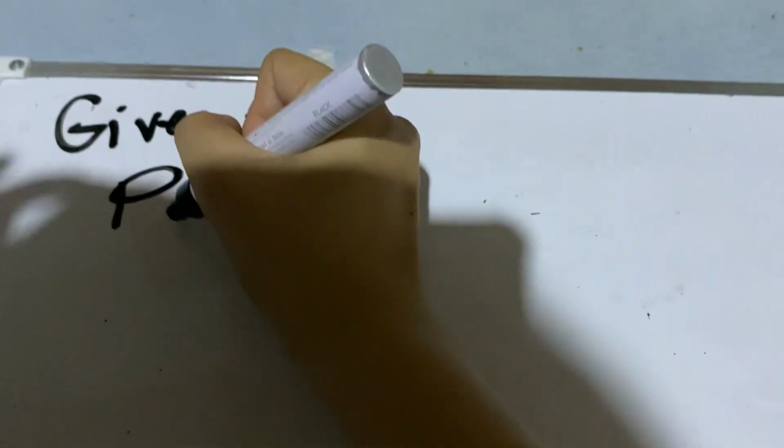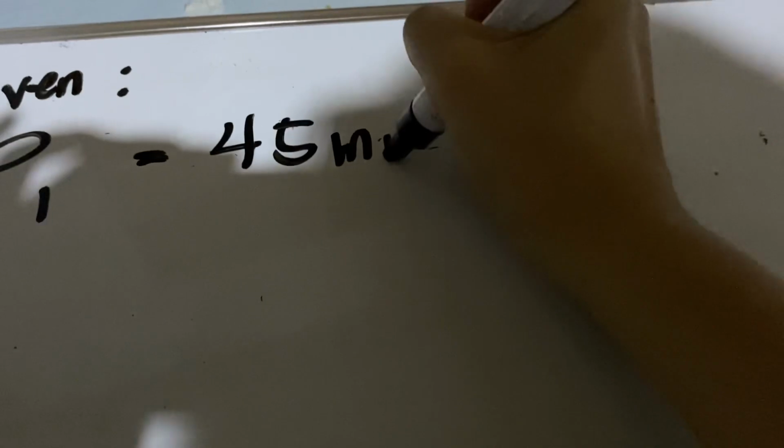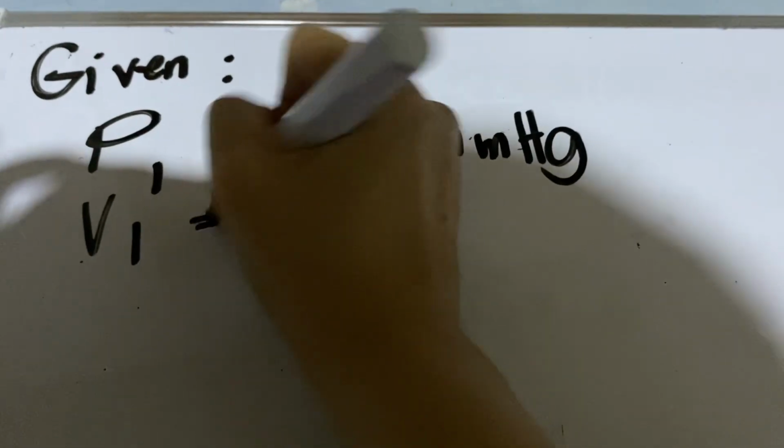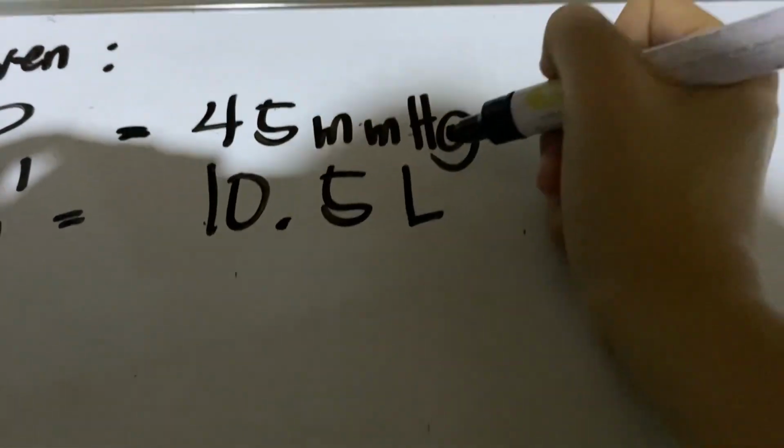So we have here the initial pressure, or the P1, which is equal to 45 millimeter mercury. Then we also have V1, or the initial volume, which is equivalent to 10.5 liters.